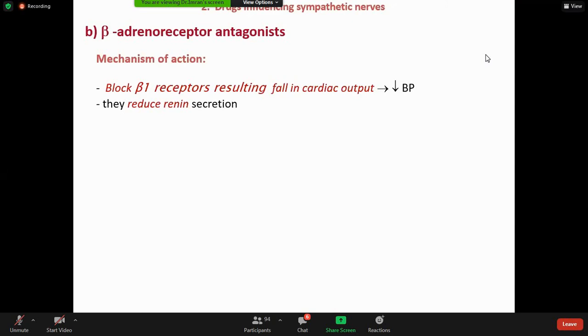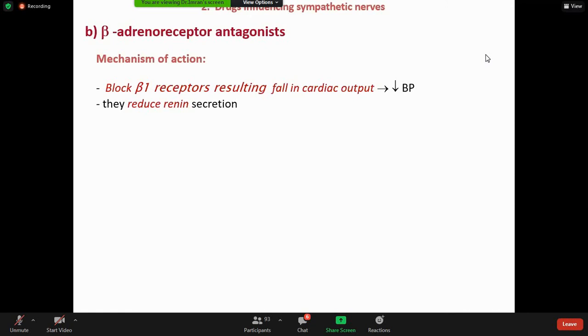Another important activity of beta 1 receptor stimulation is increased release of renin, right? So blocking beta 1 receptors results in a fall in cardiac output, decreased blood pressure, and reduced renin secretion. In the initial slides we discussed that renin activates the renin-angiotensin-aldosterone system. Renin converts angiotensinogen to angiotensin 1, which is converted with the help of angiotensin converting enzyme into angiotensin 2.